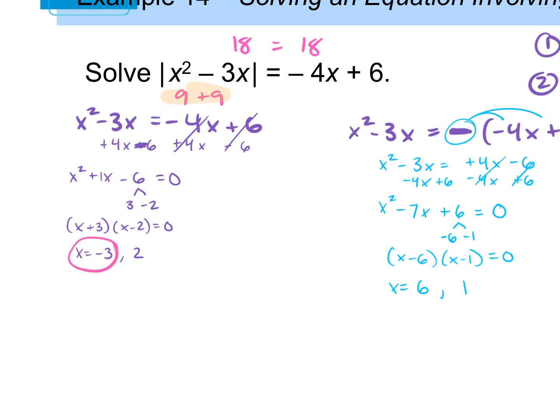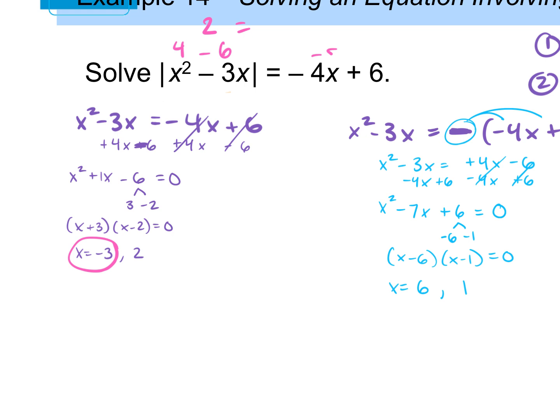Let's try 2. 2 squared is 4 minus 3x, or 3 times 2 would be 6. 4 minus 6 is negative 2. Absolute value makes it positive 2. Is equal to negative 4 times 2 would be negative 8.